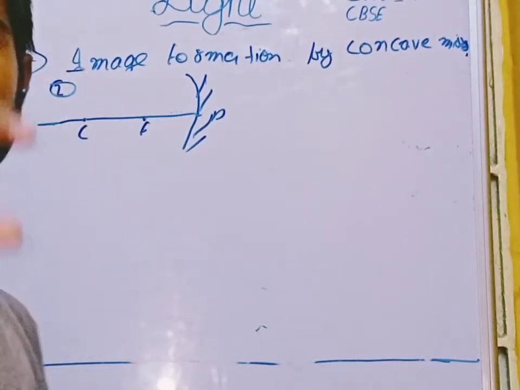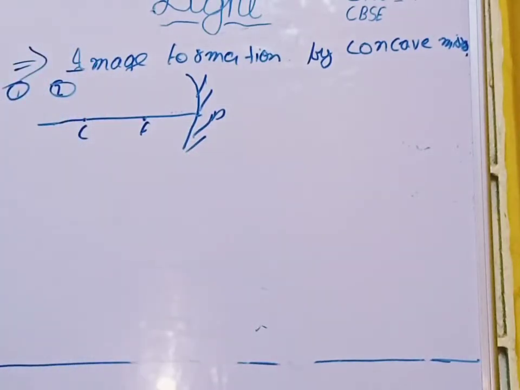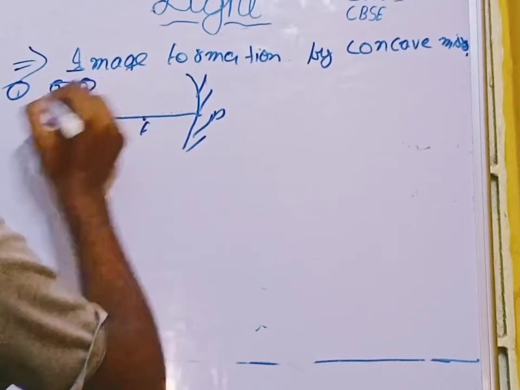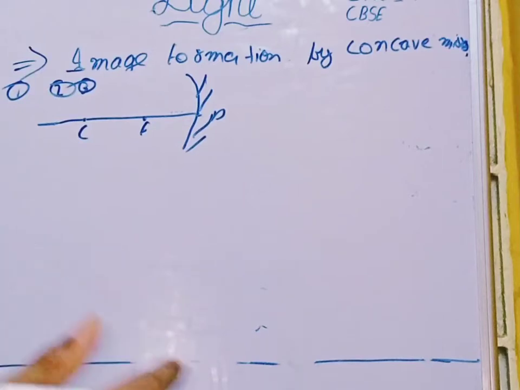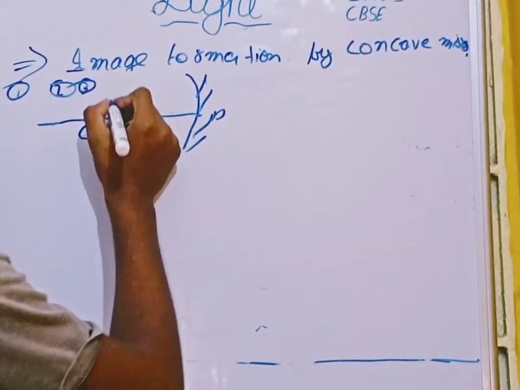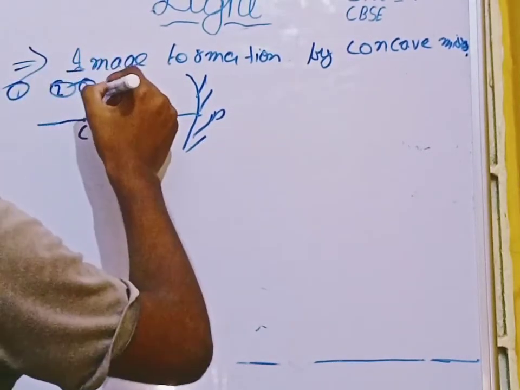If you reach chalk C, you say I am at C. After going forward, you say I am between C and F.